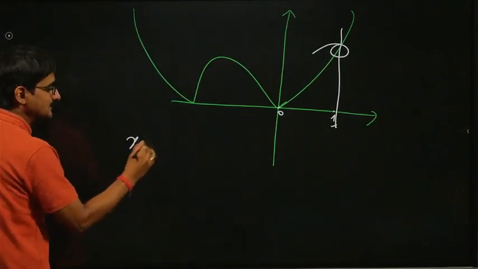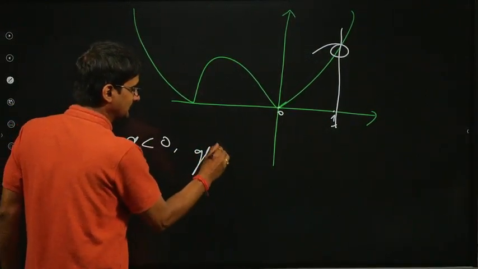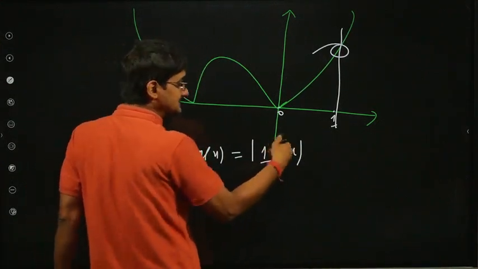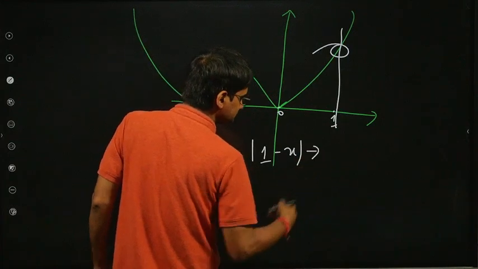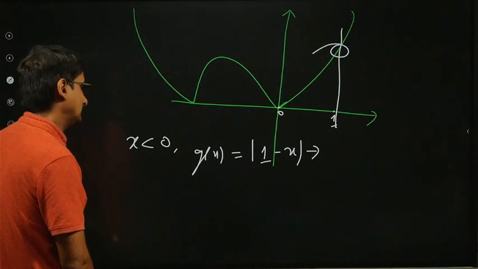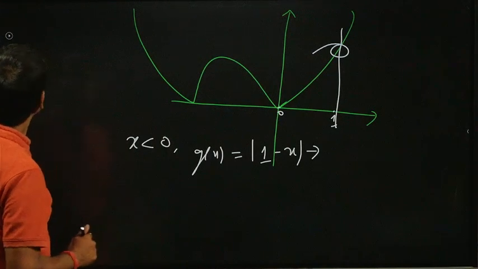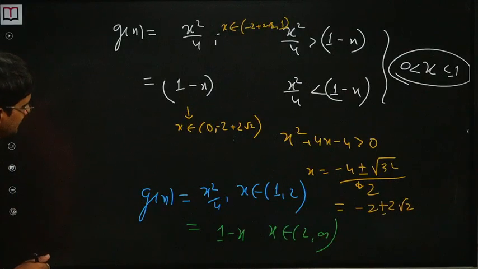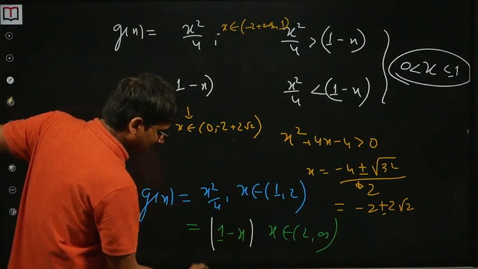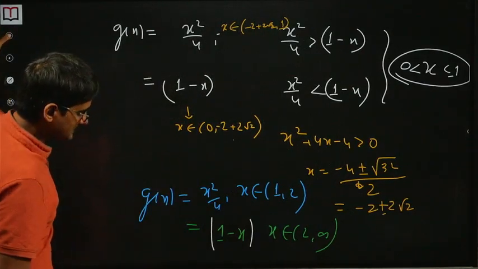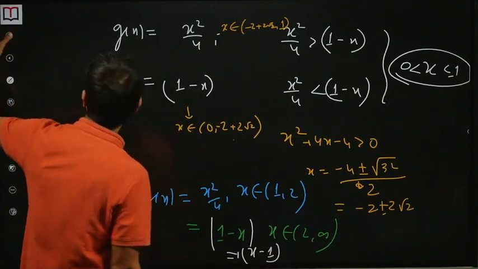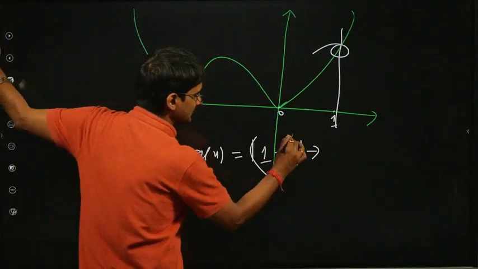So when x is negative, g(x) is 1 − |x|. Wait, for x greater than 2, right, here it's mod, I forgot that. So for x greater than 2 it will actually be x − 1. For x less than 1, it will actually be 1 − x.